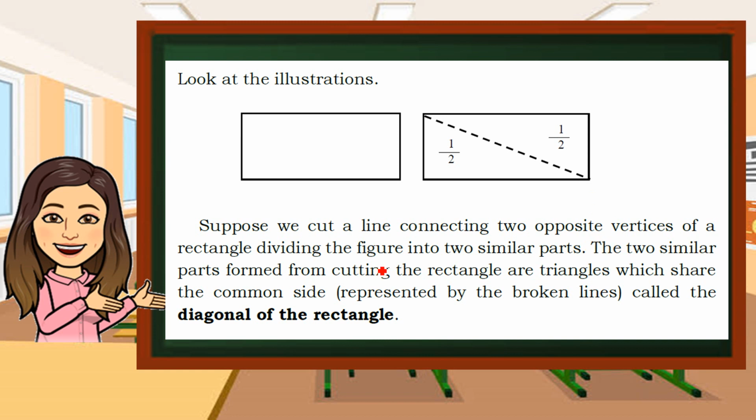So the two similar parts formed from cutting the rectangle are triangles which share common sides. So this diagonal side of the two triangles is the diagonal of the rectangle.